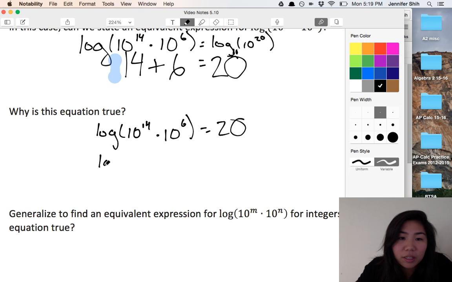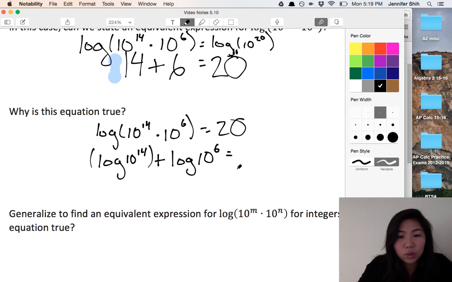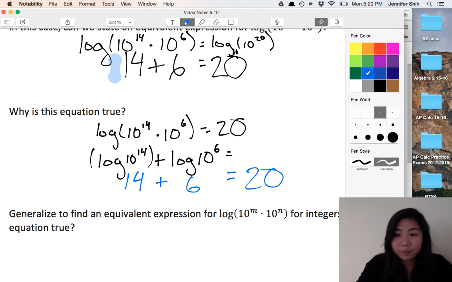We know this because log of 10 to the 14th plus, we can write this separately, log of 10 to the 6th is equal to 20. Because log of 10 to the 14th, we found out, just like we were talking about up here, is 14 plus 6, and then we know that's 20. So that's how it works.